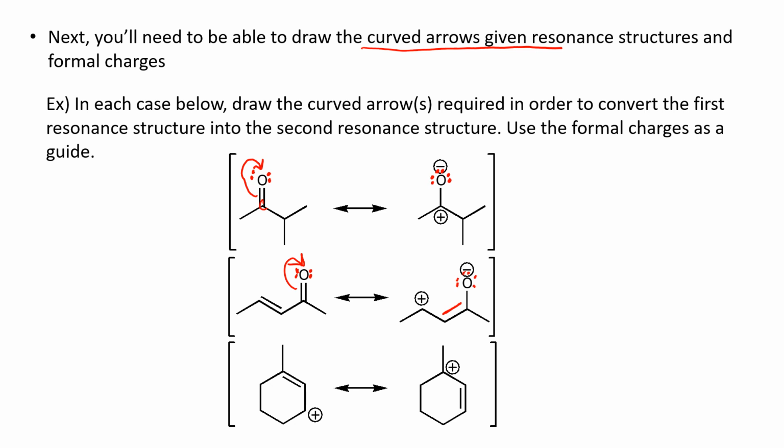The second arrow would be going from bond to bond. And this carbon had a hydrogen. When it moves, it will still have that hydrogen. So we have a carbon atom that has three bonds, no lone pair, it gets a positive charge. So make sure you fix that. That double bond should be there.